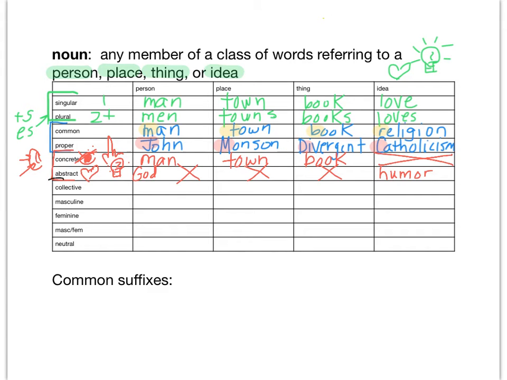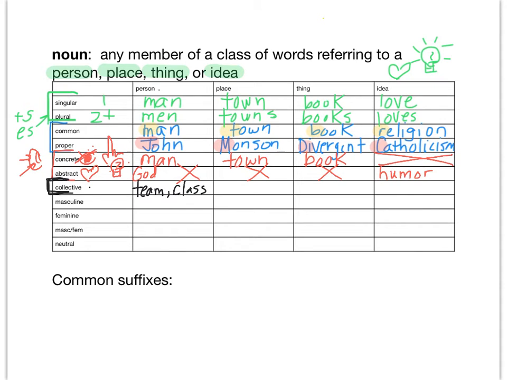Next, we have a single term that nouns can be, and that is called collective. And a collective noun is the name of a group. So let's look at collective and people. If I have a group of students that all play soccer together, a collective name for that group of students would be a team. A group of students that sit in desks in one classroom would be considered a class.